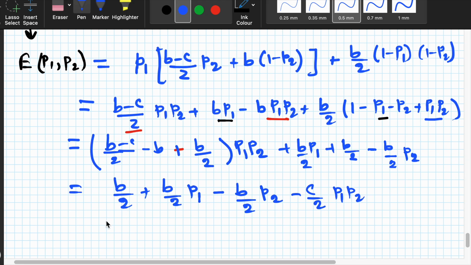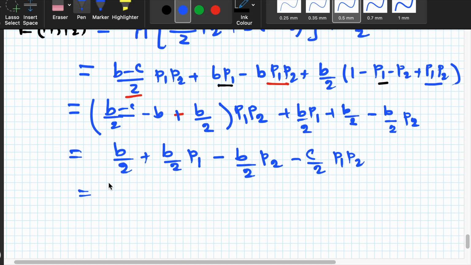Now if I take b/2 common here, it will be 1 plus p1 minus p2 minus c/b p1 p2.